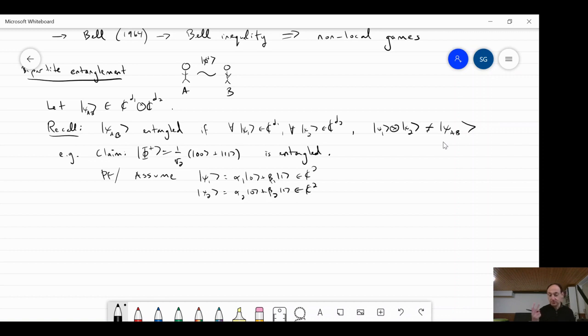Okay, so assume I have these two states, and these guys satisfy this claim that if I take their tensor product, I get the Bell state back. So assume this is true. Sorry, I violated my own mantra, which is, we always want to state what proof technique we're using. So proof by contradiction.